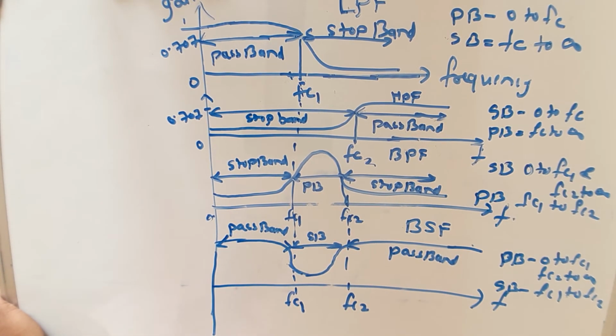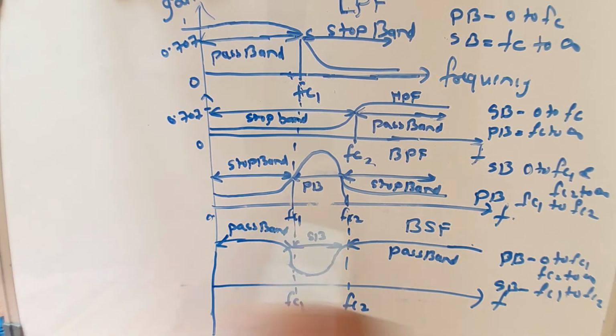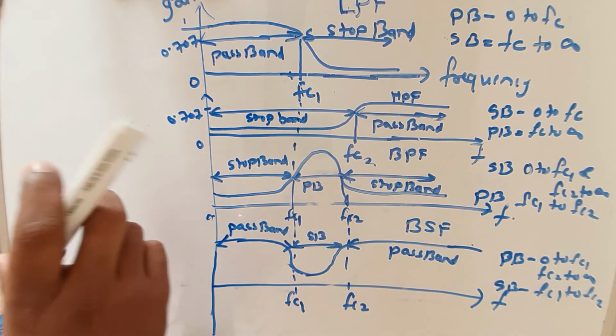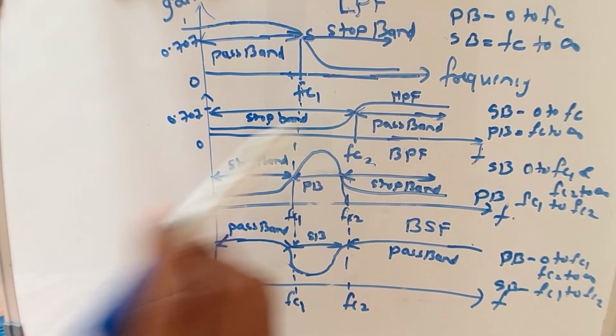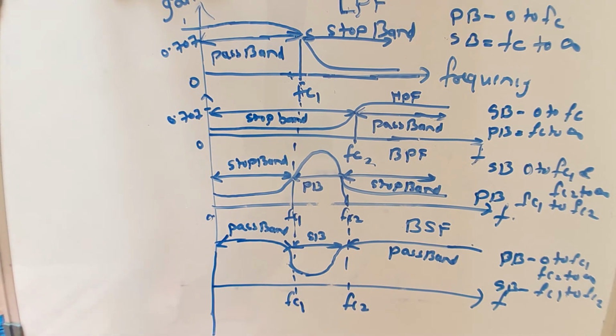Similarly, I want the filter which will attenuate the signal in between low pass and high pass, means stop the signal in between the frequency range of low pass filter and high pass filters. So for that I have to use the band stop filter. So here we have stop band, pass band, stop band, and pass band.